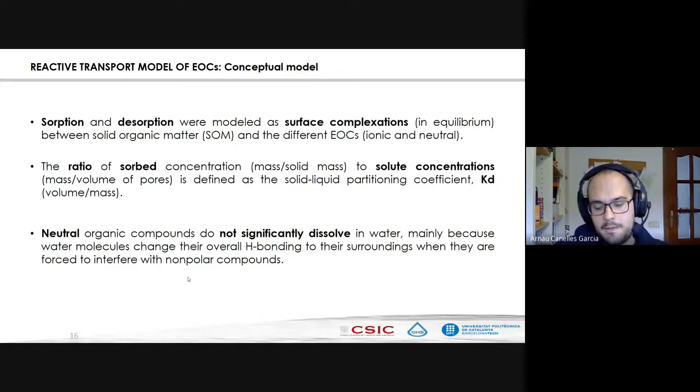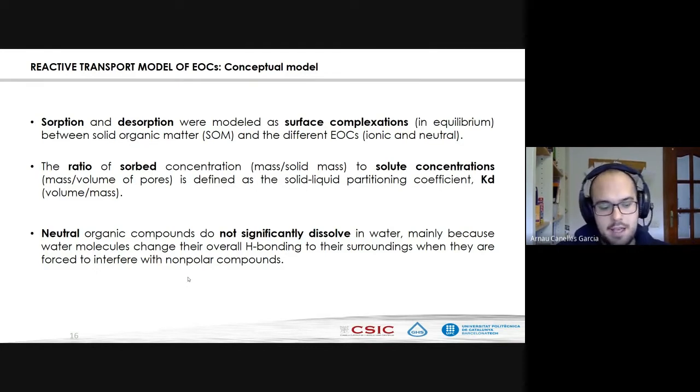So another thing that we'll take into consideration is that the emerging organic contaminants will be mainly sorbed in the organic matter fraction that we have in our column experiments. This can be opposite to the fact that also in our columns we have sand.